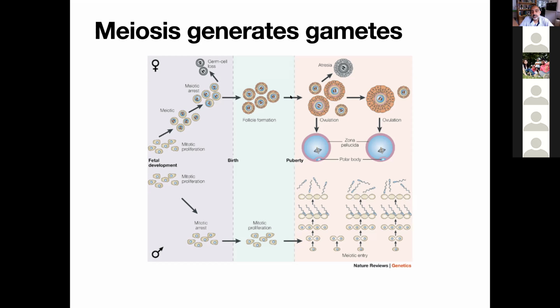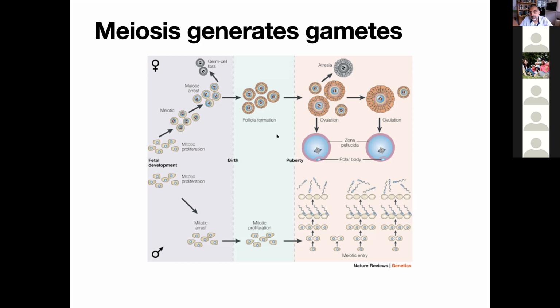And these continue by oogenesis throughout life. At puberty, the oocytes mature, and you'll start getting a mature oocyte which is able to be fertilized.